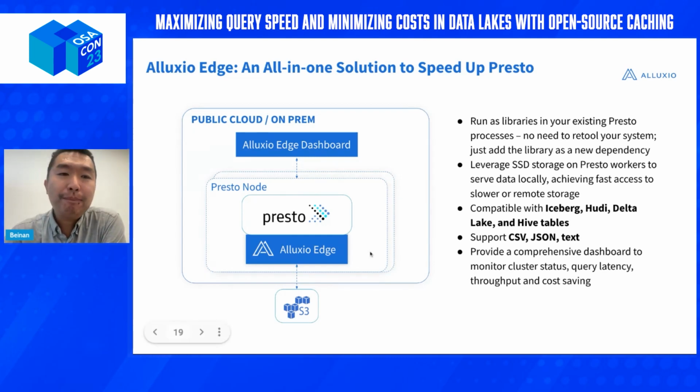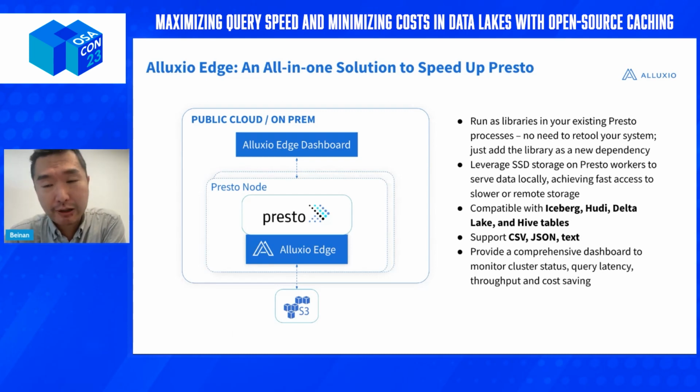By adding such a cache node into the Presto node, we can have a local cache, and the hottest data will be put into the local disk. We make ourselves compatible with Iceberg, Hudi, Data Lake, and Hive tables. We also support CSV, JSON, and text.